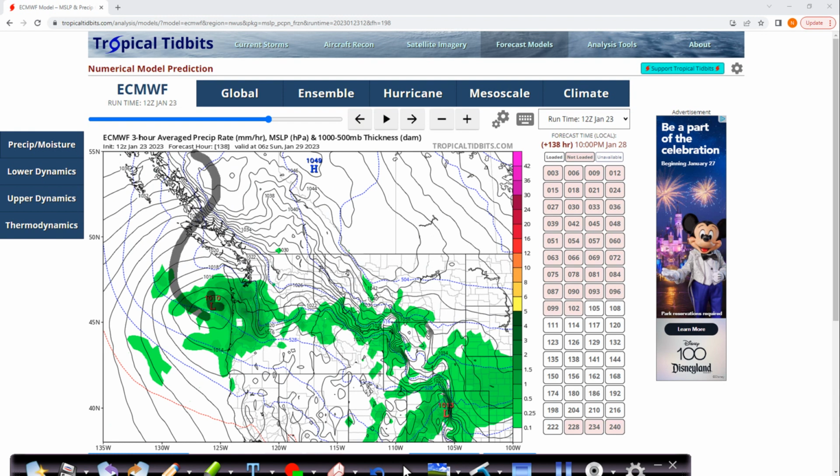If you follow those blue lines, that's basically the average temperature from the surface up to about 1,800 feet, roughly. It's actually the thickness of that atmospheric layer, but that's proportional to how cold it is.